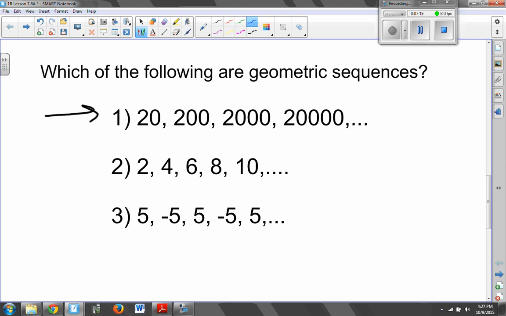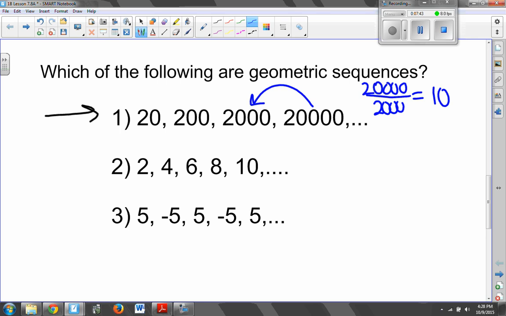If I look at, I will do the division method on this one. If I look at this big number way out here, 20,000, and I divide that number by 2,000, 20,000 divided by 2,000, that just equals 10, or 10 over 1.